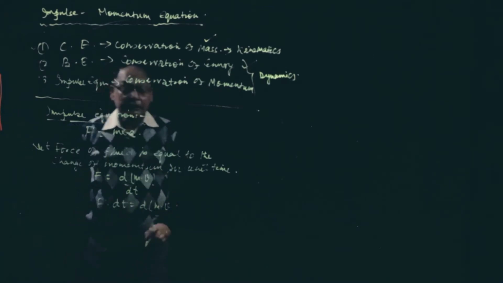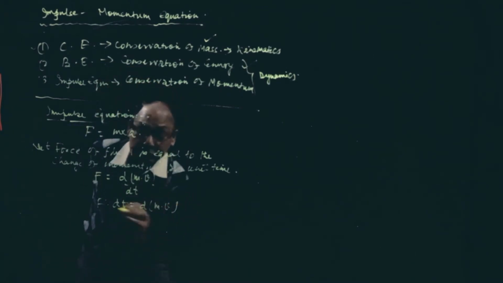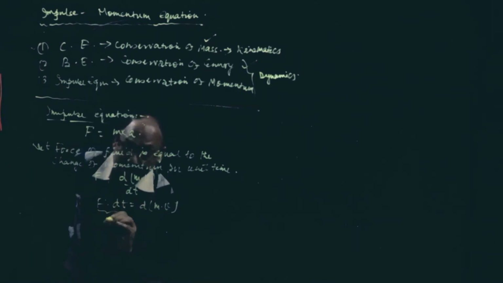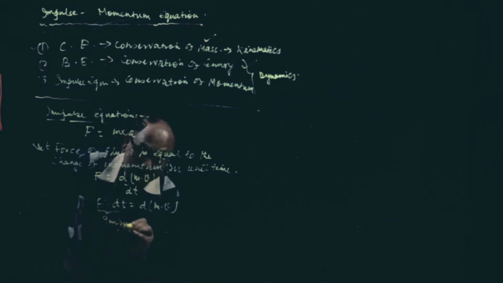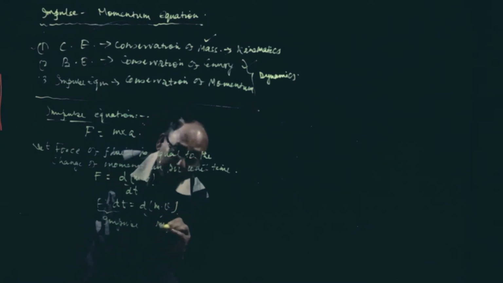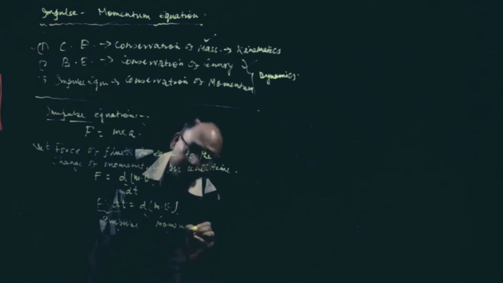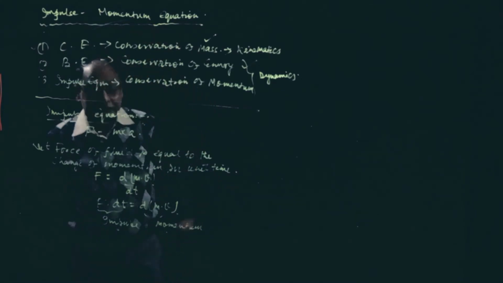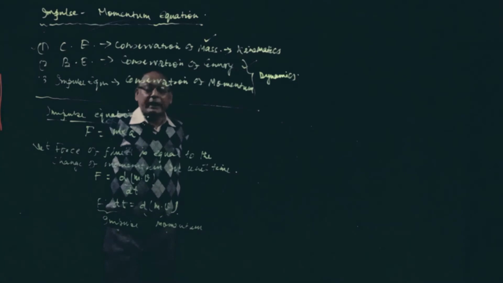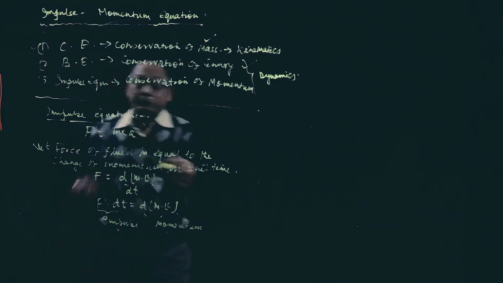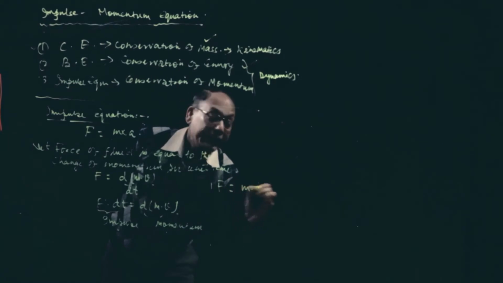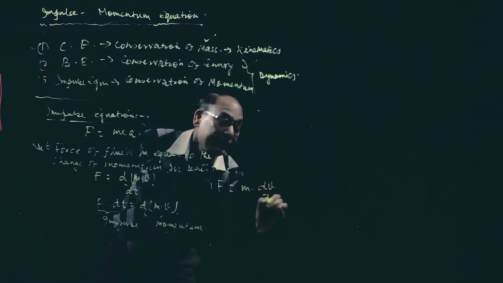Force into time is called impulse, and this is the change of mass into velocity, momentum. So it is also known as the impulse momentum relation. F dt is equal to d(mv). From here we can also find it like this: F is equal to mass into acceleration, that is dv by dt.